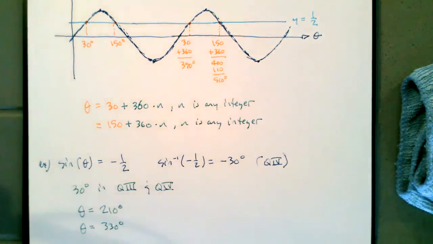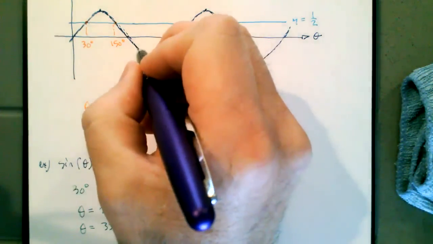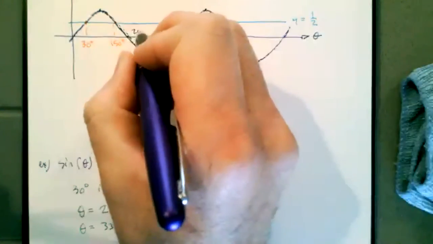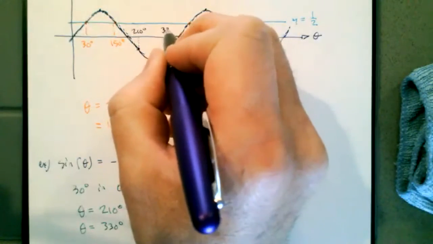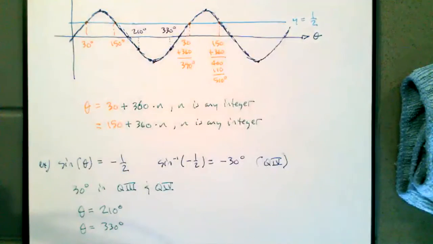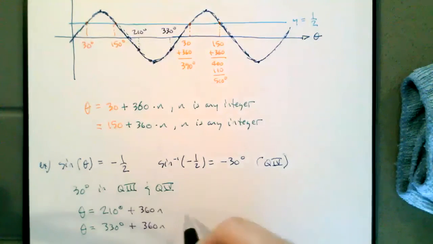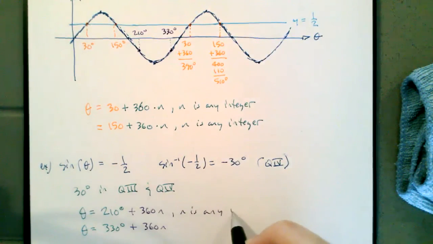But we have to remember that we can add full circles. So here's going to be our negative 1/2 at 210 and 330. But we can always add full circles. So we can just say plus 360 times n, where n is any integer.